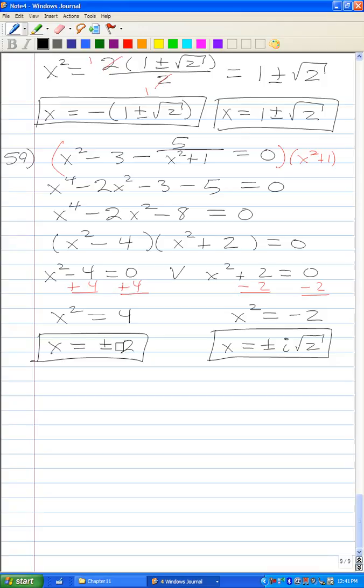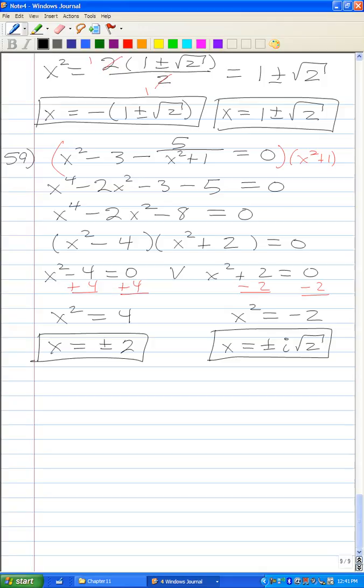X is equal to negative 2, I'm not dividing by 0. X equal i rad 2, I'm not dividing by 0. X equal negative i rad 2, I'm not dividing by 0. So I'm never dividing by 0. Therefore, I have these 4 solutions to this fourth degree equation, 2 of which are complex.